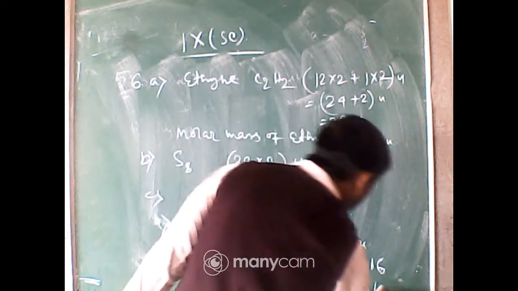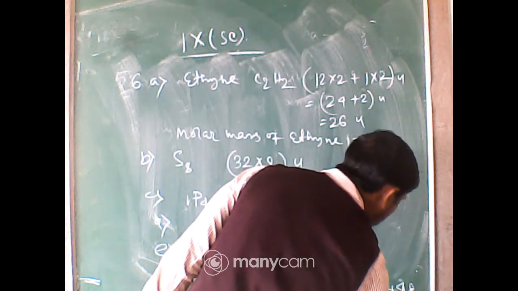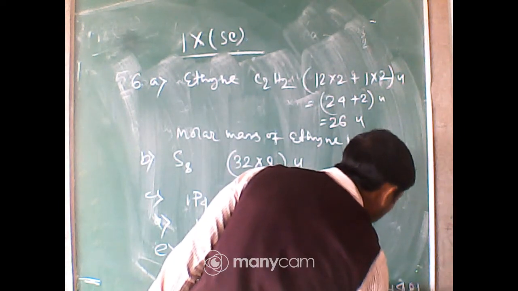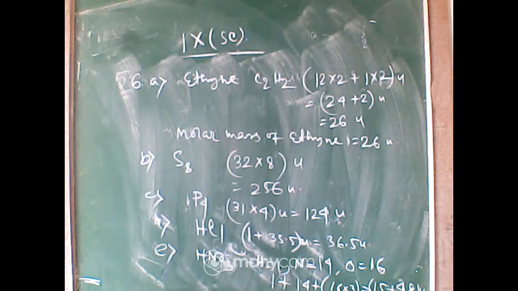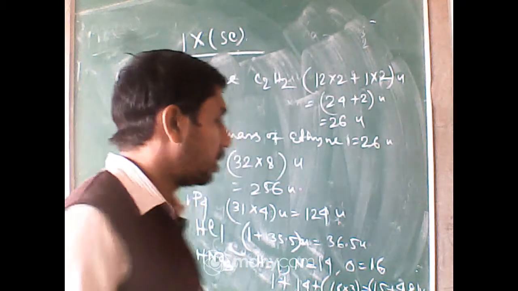So here 14 plus 48, 63 U is the molar mass of nitric acid, that is HNO3.